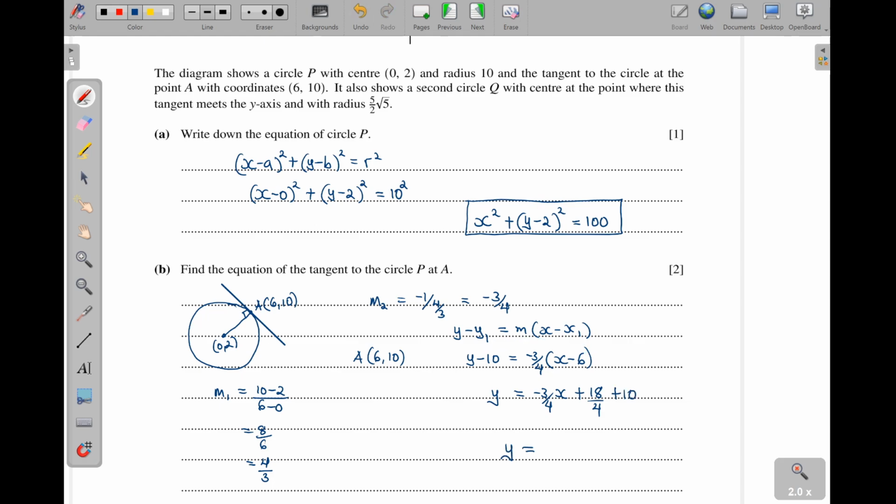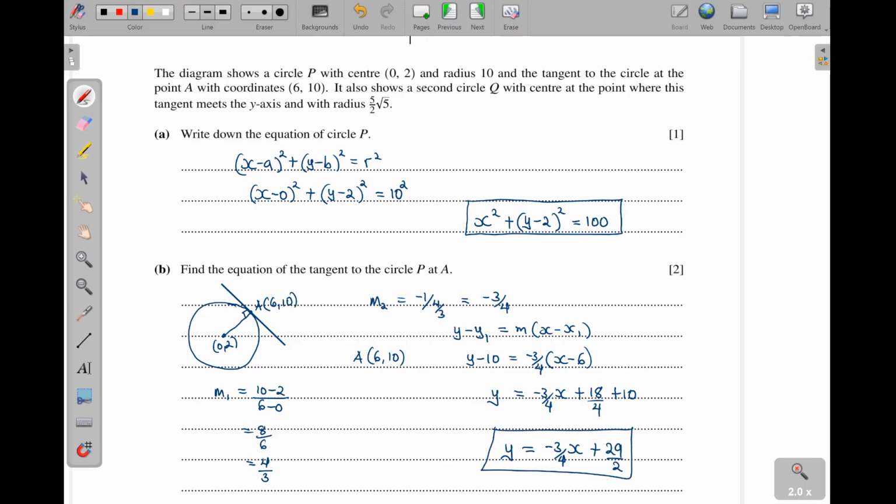So we shall have y - 10 = -3/4 (x - 6). Meaning, after expanding the brackets and moving the 10 to this side, we shall have y = -3/4 x + 18/4 + 10. So y = -3/4 x, and then this will be (40 + 18) over 4, which is 58 over 4. Dividing by 2, I can have 29 over 2. So plus 29/2.